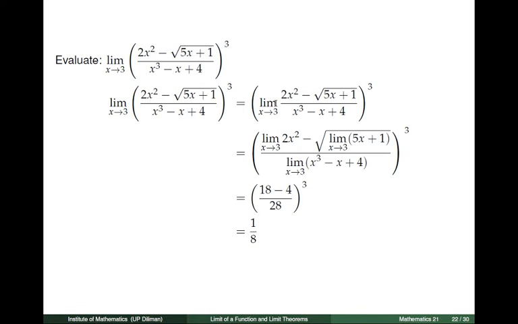Moreover, we can express this limit of the quotient as a quotient of limits and distribute the limit to the difference in the numerator. And so we will have the limit of 2x squared minus the square root of the limit of 5x plus 1 as x tends to 3, divided by the limit of the polynomial denominator x cubed minus x plus 4.